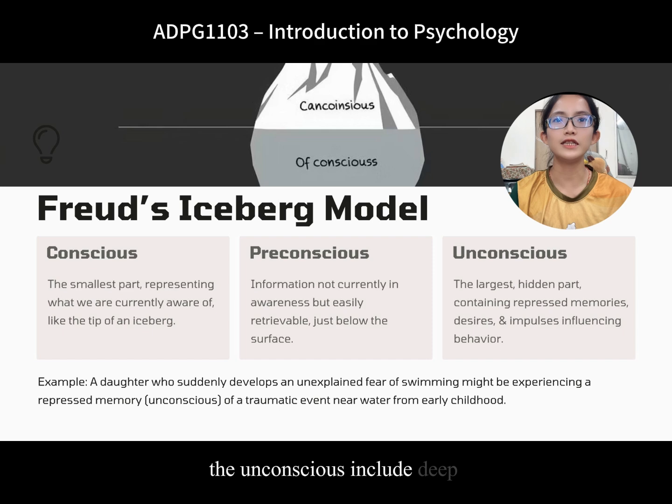The unconscious includes deep thoughts, feelings, or fears we may not be aware of but still affect our behavior. For example, my daughter used to be afraid of swimming. We later discovered she had a scary experience near water as a toddler. She could not remember it, but the fear stayed. This is how the unconscious works.